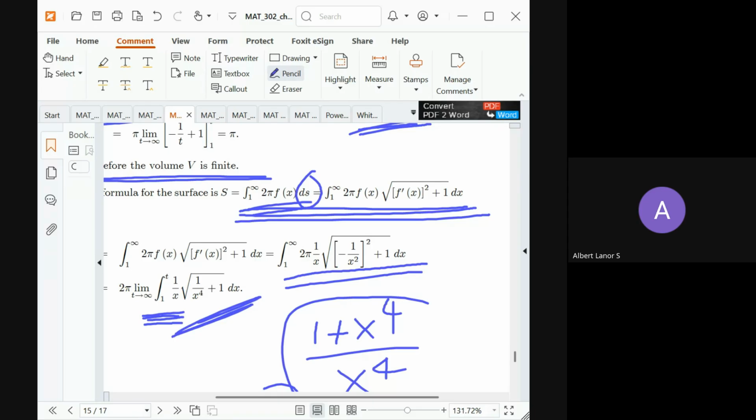That would be ds. That is how to convert it. So you have 2 pi f times the ds, but the ds, you know from advanced algebra, will be the square root of f prime squared plus 1 dx. All that is the surface area.